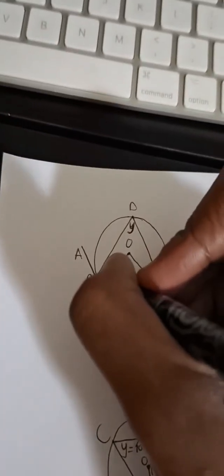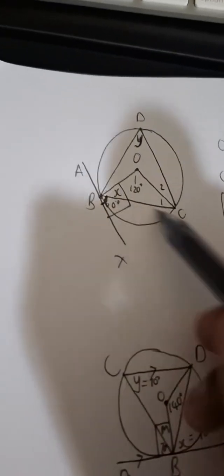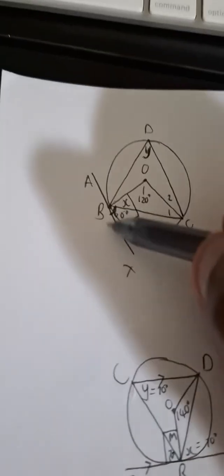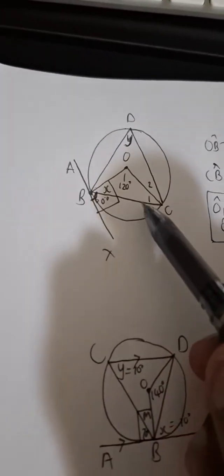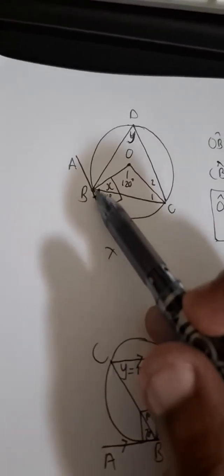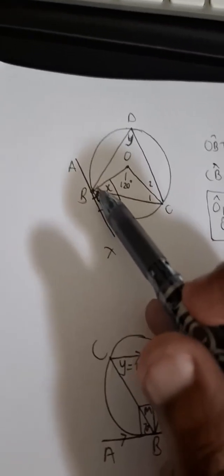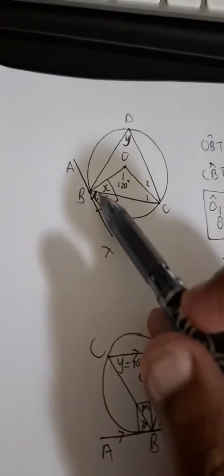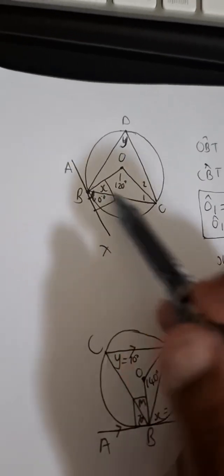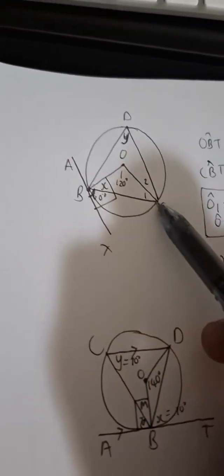Meaning, guys, this angle. Remember, this angle is formed by this chord BC and this tangent ABT. So it's the angle between the chord and the tangent that is formed at the point of contact. What is subtending this chord?